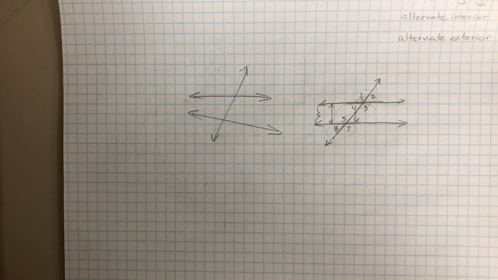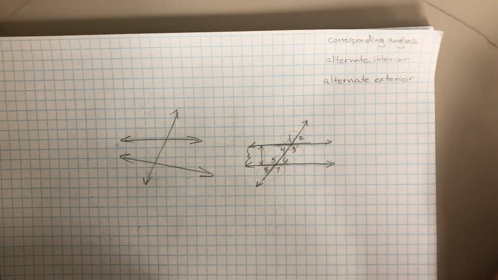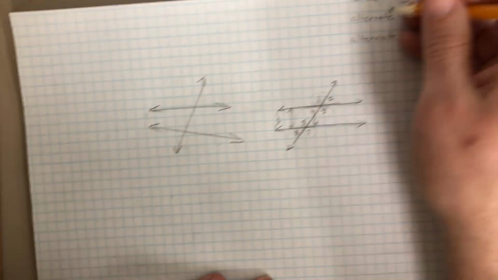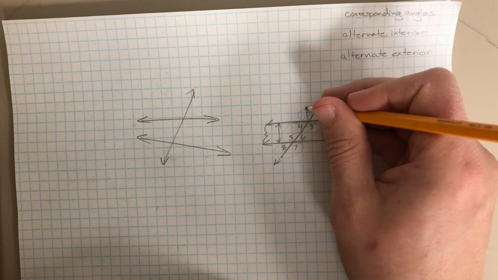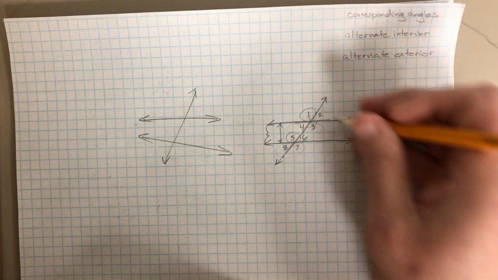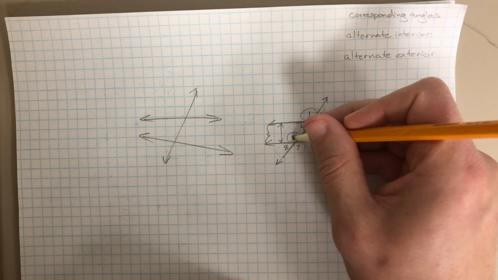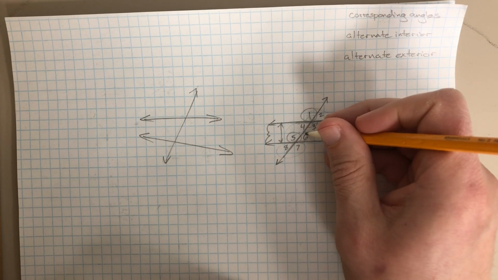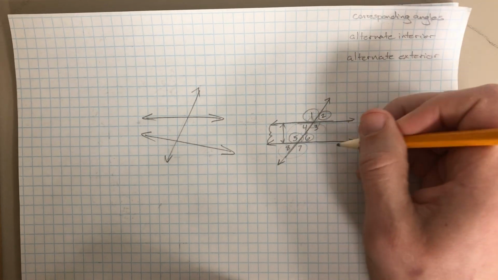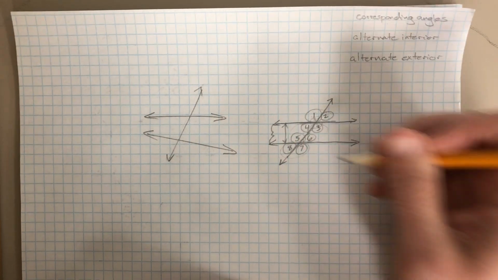Now another term to keep in mind are corresponding angles. Corresponding angles are angles that are in the same position. So 1 is in the same position as 5. If I were to isolate this, it's in the upper left. This one's in the upper left as well. 6 corresponds with 2, 3 corresponds with 7, and 4 corresponds with 8.